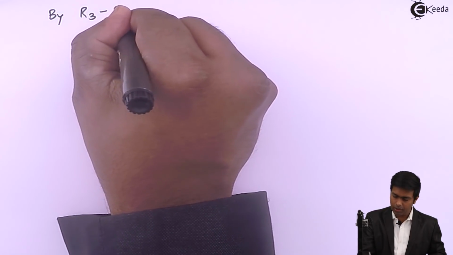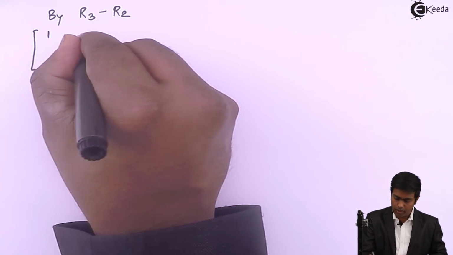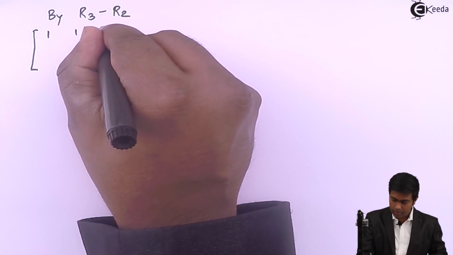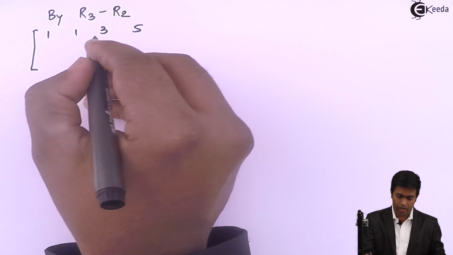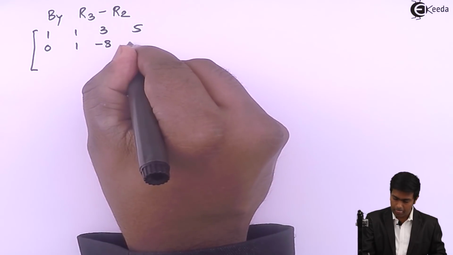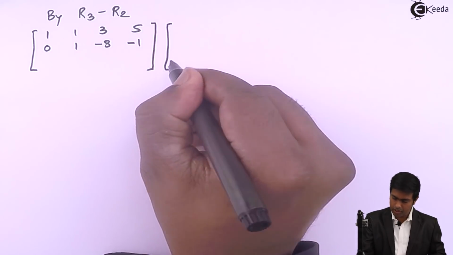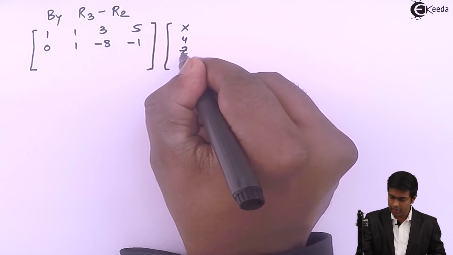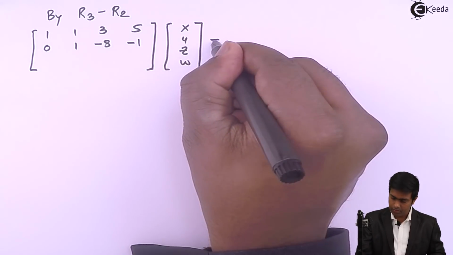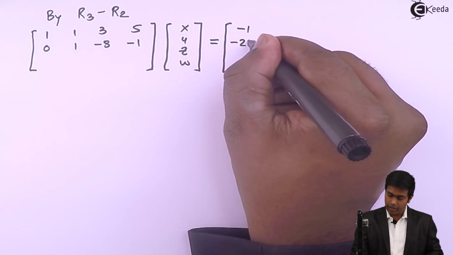R3 minus R2. So we will get first row as it is. So 1, 1, 3, 5. Second row as it is 0, 1, minus 8, minus 1. Here x, y, z, w. Now minus 1 and minus 25 as it is.